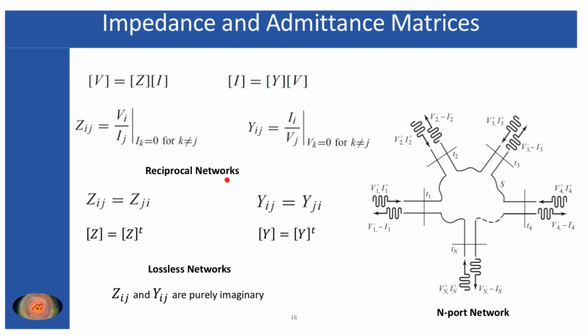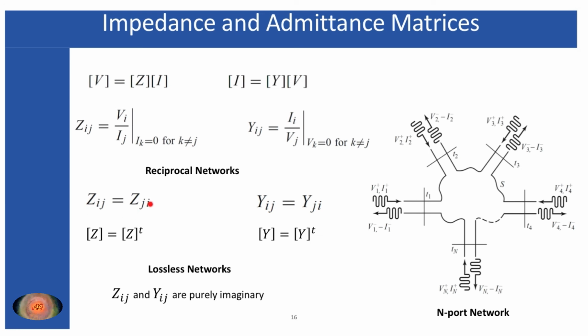A reciprocal network is that type of network for which the observation remains the same when you interchange the observation and the excitation port. So for the impedance matrix, when the excitation is at the jth port and the observation is done from the ith port, that will be exactly equal to when the excitation is done at the ith port and the observation is done from the jth port.